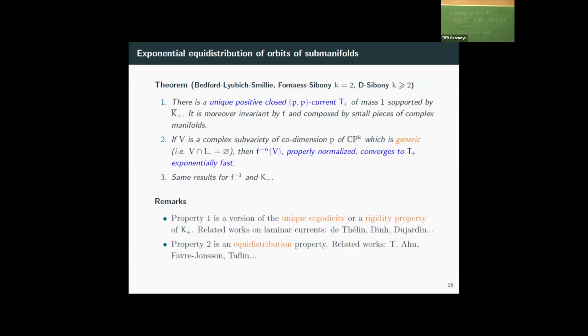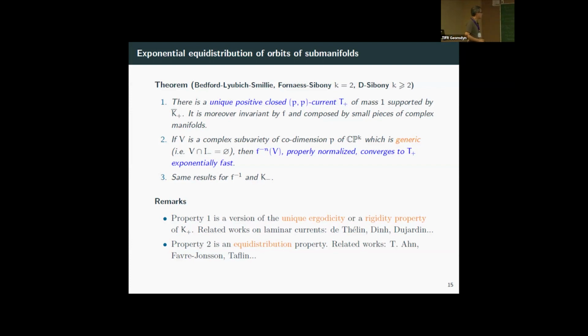And the same statement is true for f minus 1. I forgot to say that the current T plus has some complex geometric structure. It is weakly laminar, composed of small pieces of complex manifolds. There is a lot of work on laminar currents, including the work of Romain, Dujardin, Detelin.